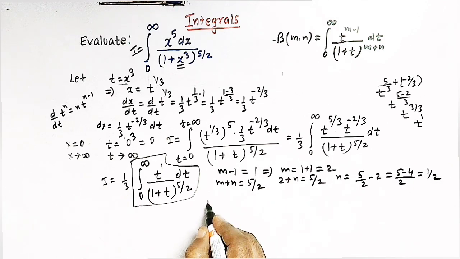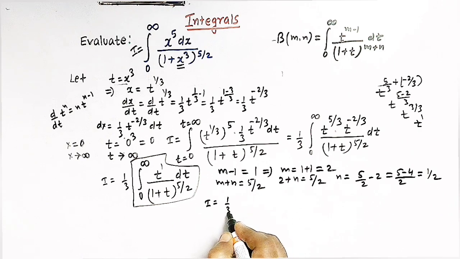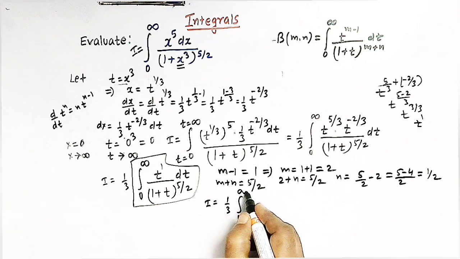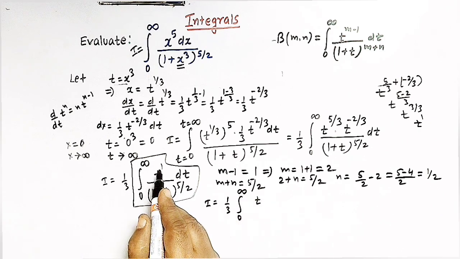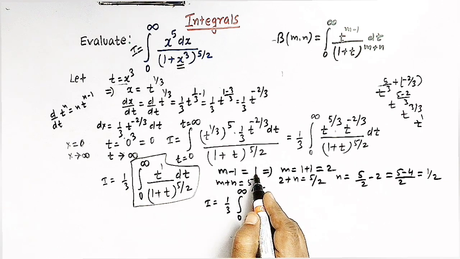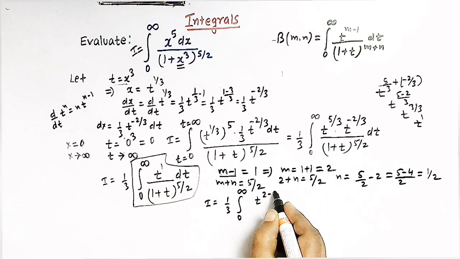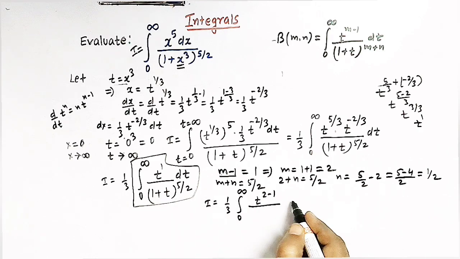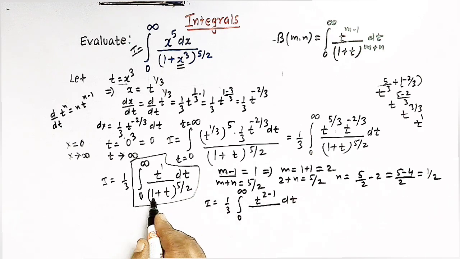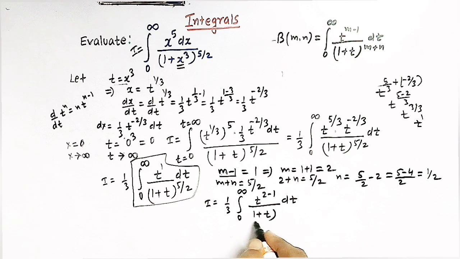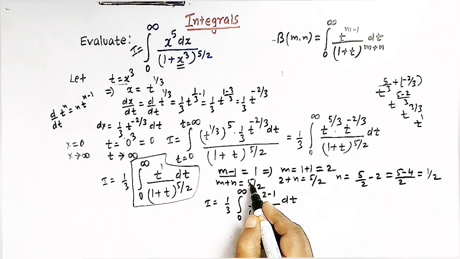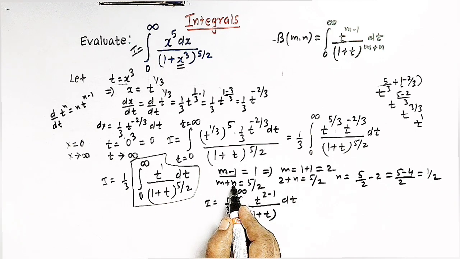So now we can write this integral I as 1 over 3, integral from 0 to infinity, t raised to 1. So 1 can be written as m minus 1. So m is 2, so we can write 2 minus 1, and here we have dt, and (1 plus t) raised to 5 over 2. So 5 over 2 is m plus n.